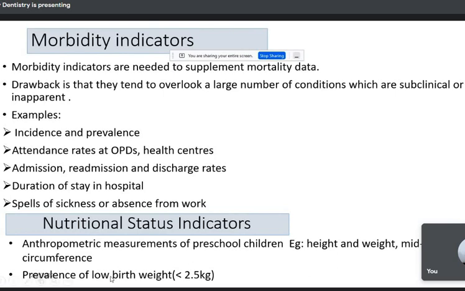Also, whenever a child is born, in hospitals we note down the birth weight. 2.5 kg is the borderline. Whenever the child is less than 2.5 kg, the child is said to have low birth weight. That means the child could not get proper nutrition inside the mother's womb. So that indicates nutritional status.